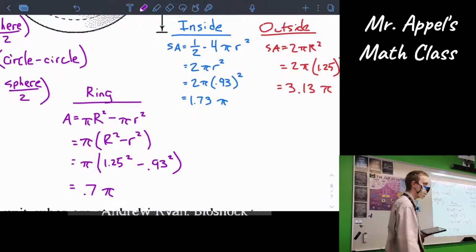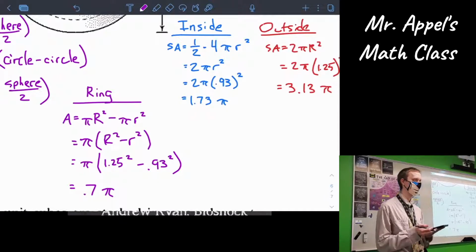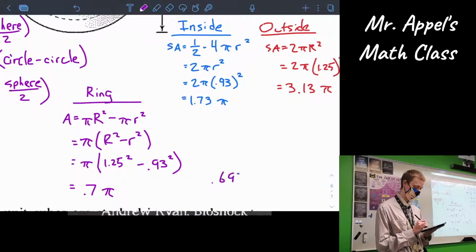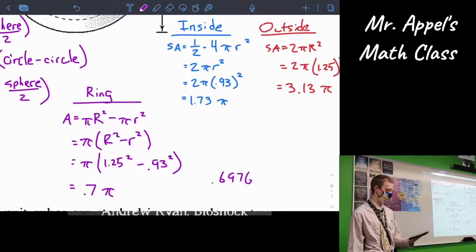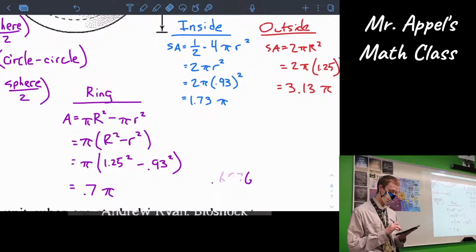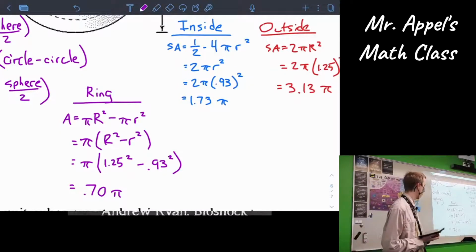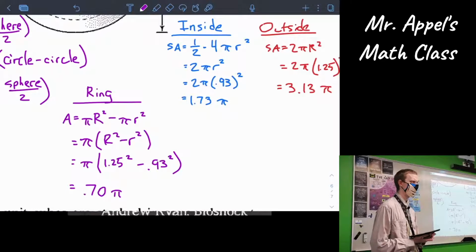Round it to only one decimal? Okay, so 0.7. All right.